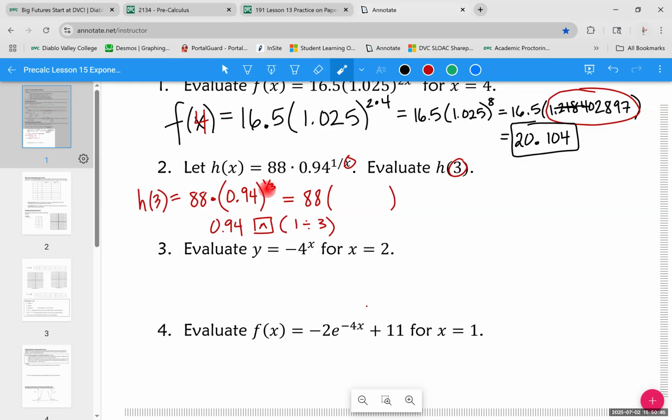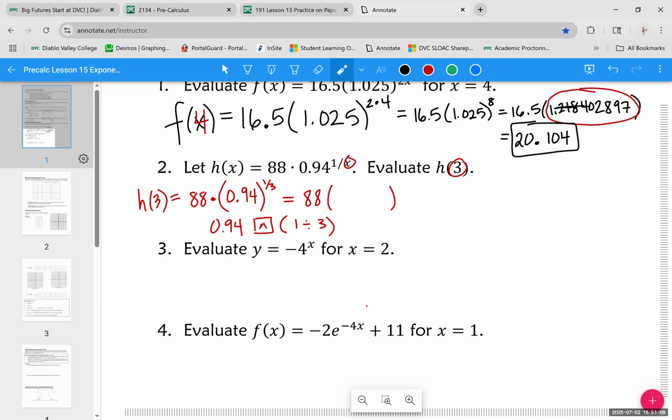So in order to tell it that the exponent is the entire 1/3, I have to use the parentheses. So I'm going to do that calculation first. So 0.94 raised to the parentheses 1 divided by 3 power.